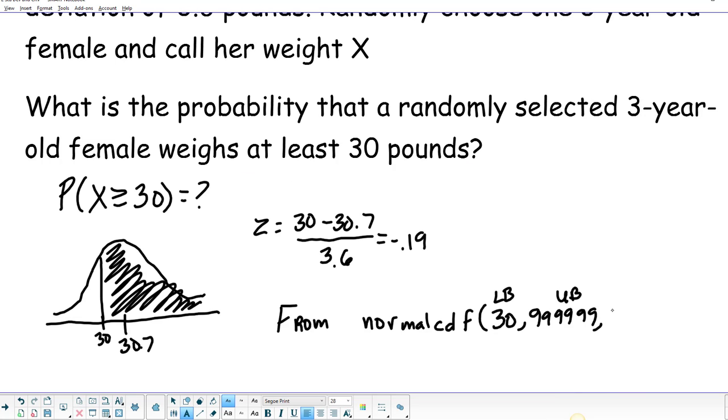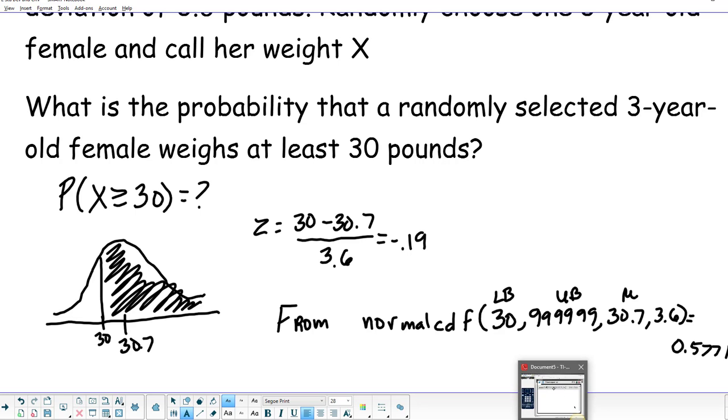Then we use 30.7 for our mean, and our standard deviation was 3.6, and this gives us 0.5771. That's our area underneath our curve, and that is the probability of somebody weighing more than 30 pounds.